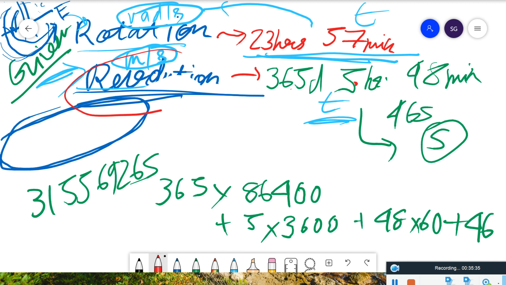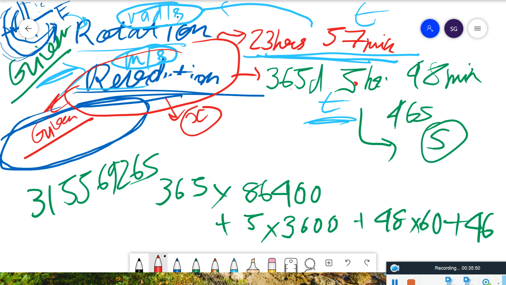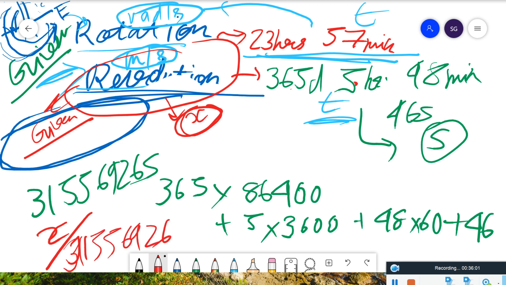They will say that the total revolution path is, let's say, x. This is given. So the answer of ours will be x upon 3155692 meter per second. Fine, I got with this.